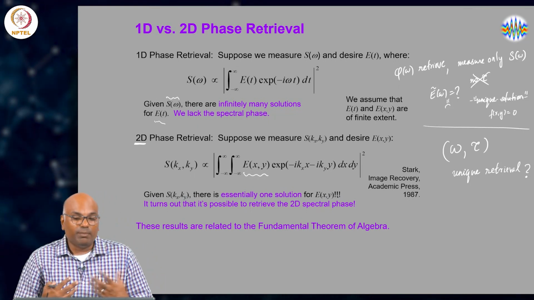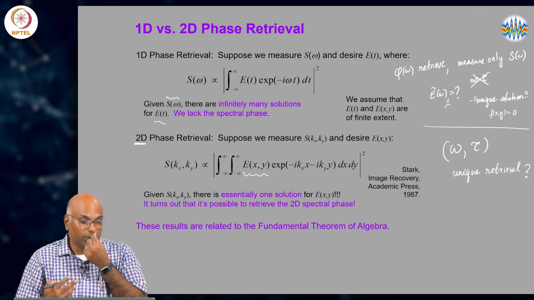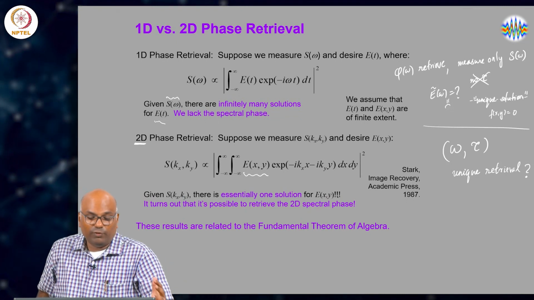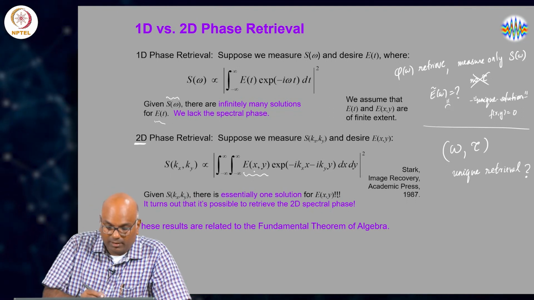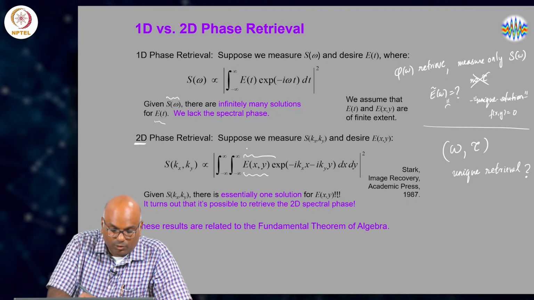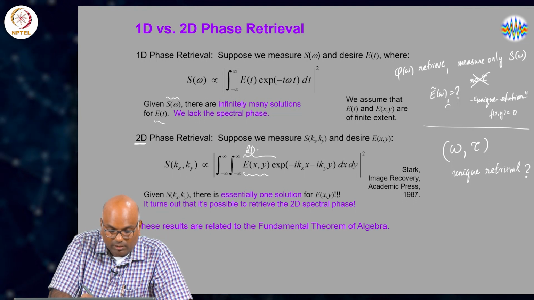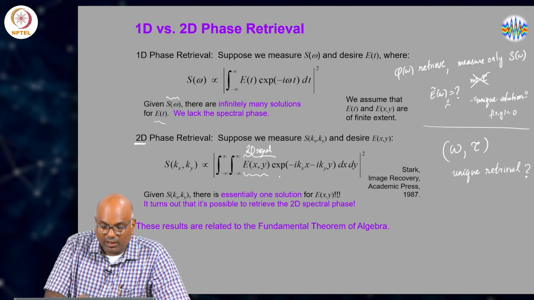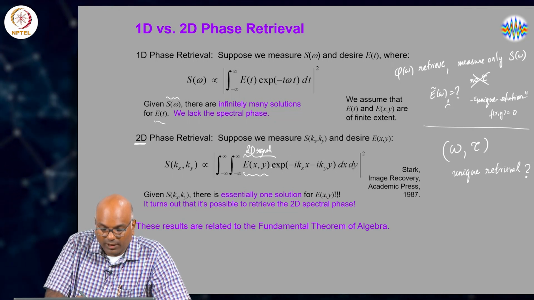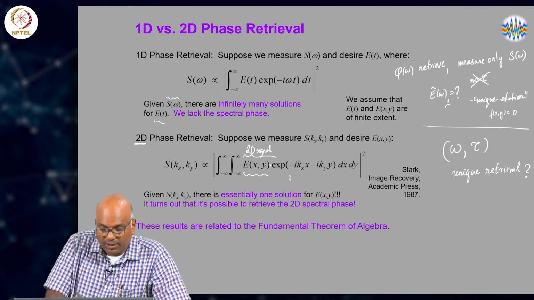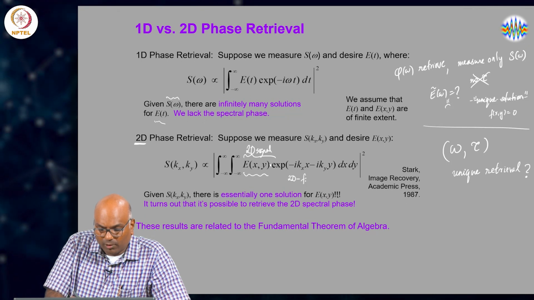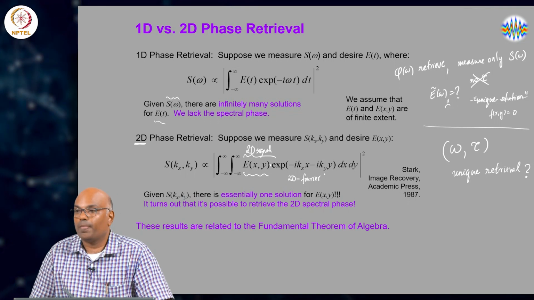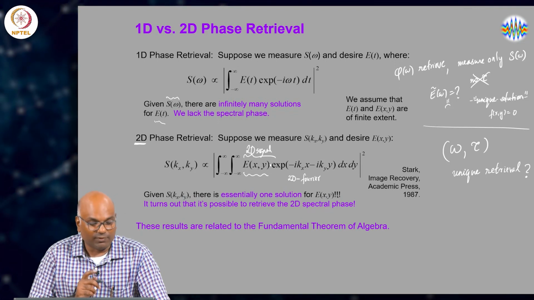But let us mimic the same process as now and pose ourselves the following. We take the 2D signal, Fourier transform it using this operation here. This is responsible for the 2D Fourier transform, but again throw away the phase information.